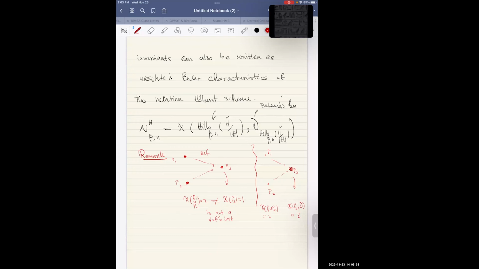So as you can see, these two numbers are equal, so hence you get a deformation invariant. This is why counting points with multiplicity in these moduli theories produces for you deformation invariants.